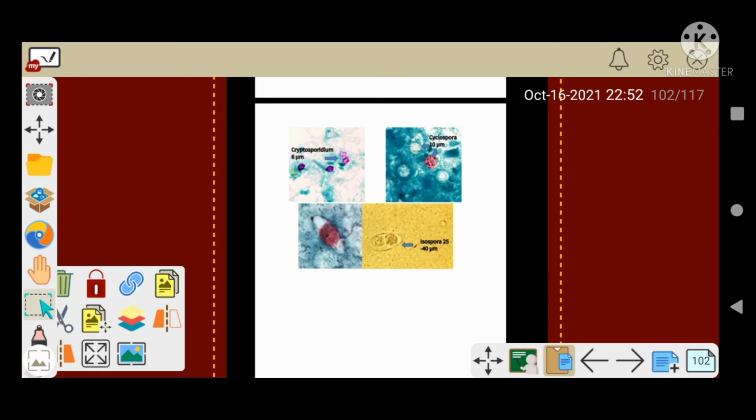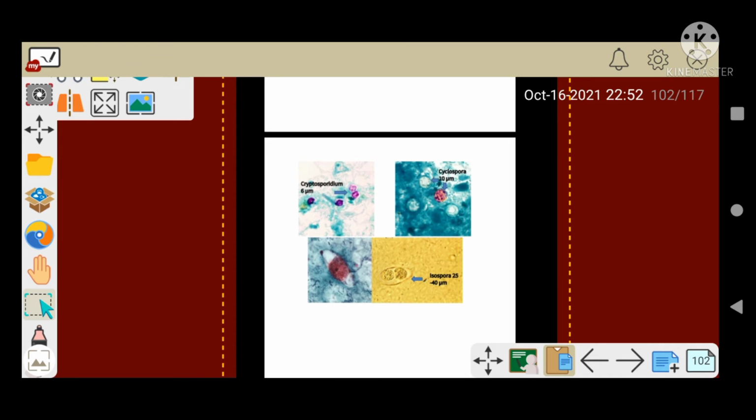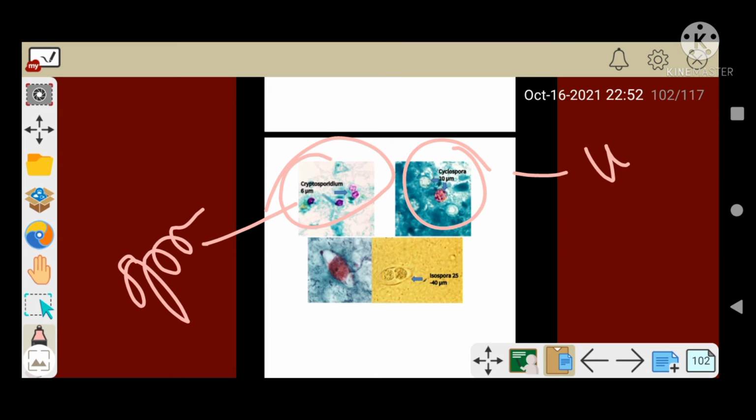Then there is a watery non-bloody diarrhea in an AIDS patient, or in an HIV individual, and what is the organism? The important thing you should remember is that Cryptosporidium is auto-infectious and has a sporulated oocyst. Cyclospora is unsporulated, right?